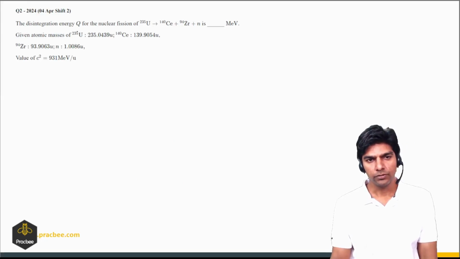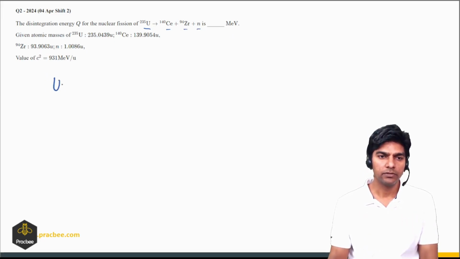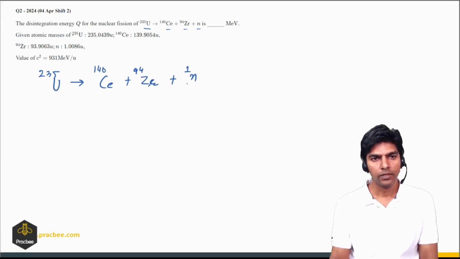The disintegration energy Q for the nuclear fission of uranium into cesium and zirconium and the neutron is, so we have to find the Q value. Right, so let me just write down the equation. So this is uranium 235, then we have two daughter nuclei, 94, and then there is a neutron, right?